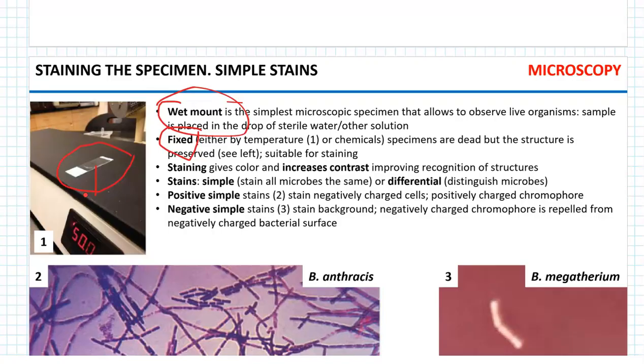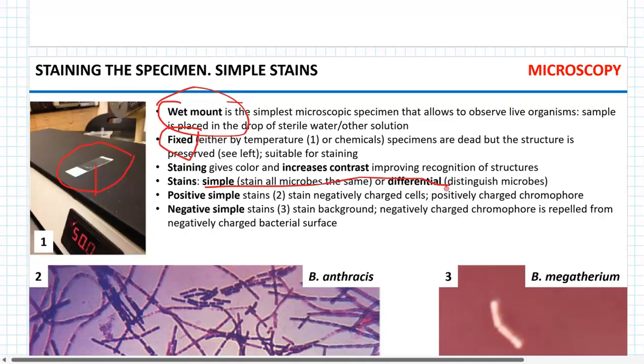The main goal of staining is to increase the contrast. Cell used to be colorless, and suddenly it's purple. Okay? So stains can be classified using two approaches. First approach is simple versus differential. Simple stain is the one in which all cells, no matter what they are, appear the same.